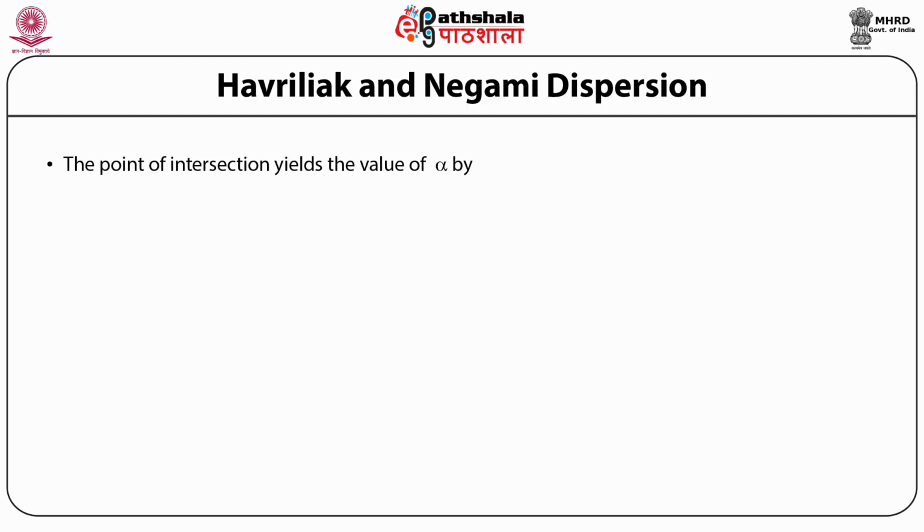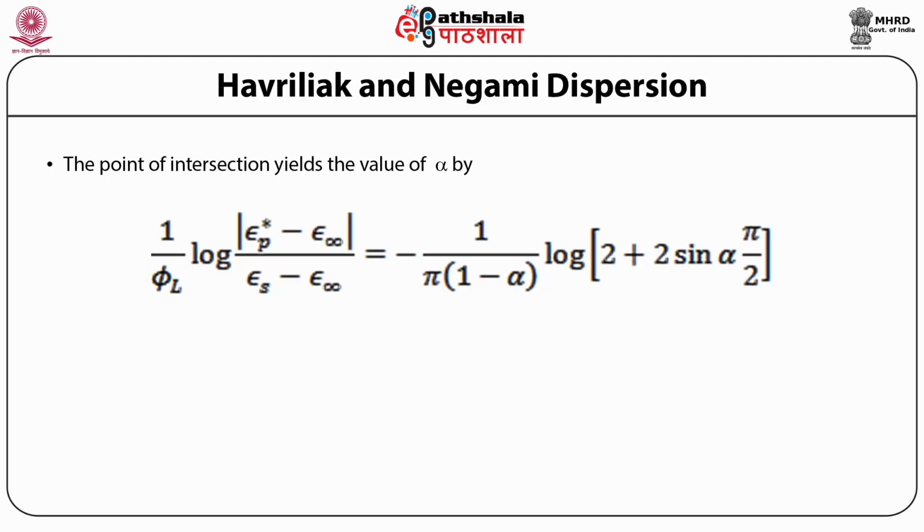The point of intersection yields the value of alpha by 1 by phi L log of (epsilon p star minus epsilon infinity) divided by (epsilon s minus epsilon infinity), which is equal to minus of 1 by pi into (1 minus alpha) into log of 2 plus 2 sin alpha pi by 2.